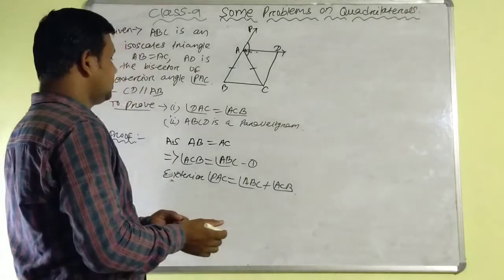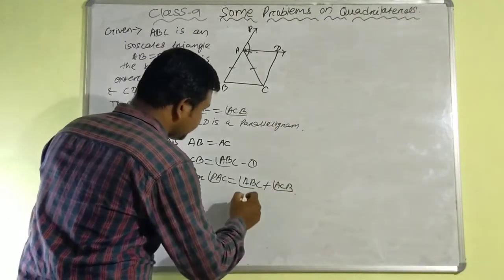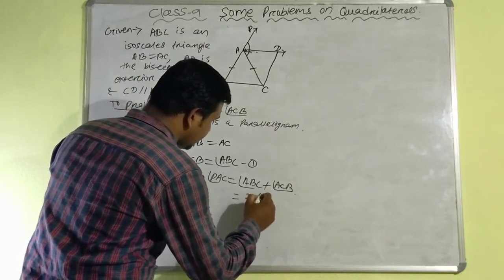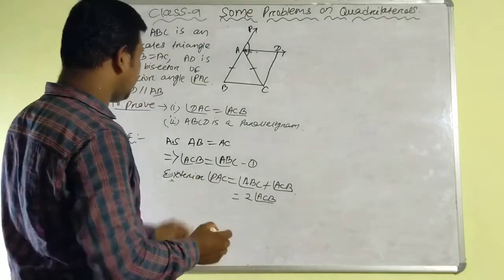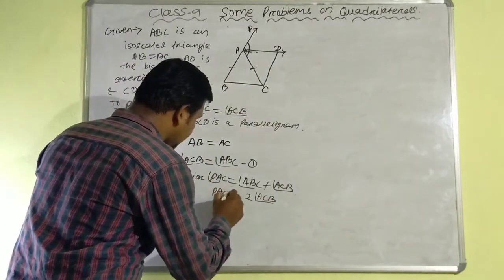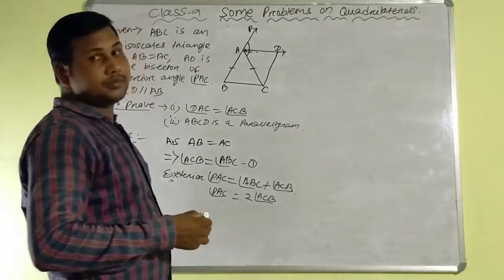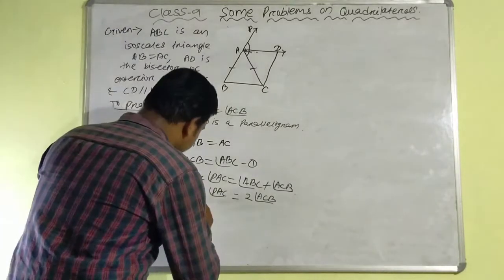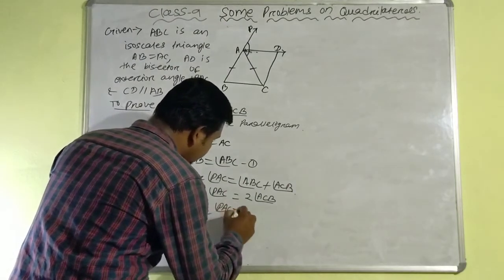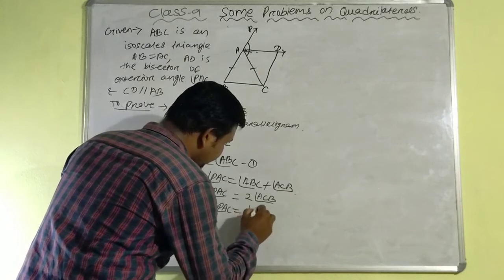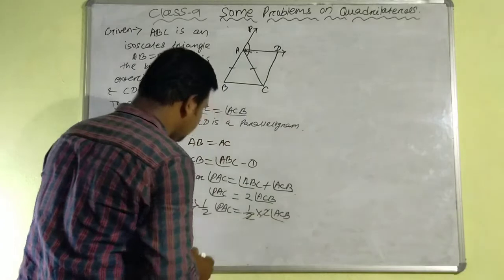Okay, which we can write as equal to 2 times angle ACB. Okay, now got PAC equal to 2 times ACB. We will take half on both sides. So we will take half of angle PAC equal to half into 2 into angle ACB. 2 to cancel here.